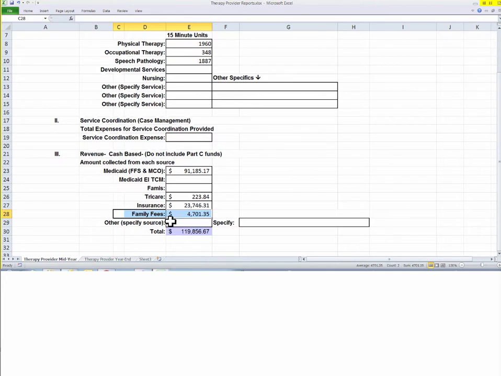There is a place again for other sources. This could include, say, the birth injury fund, and anything else where you receive money for those services. The total that we reflected for that period of time was $119,856.67.